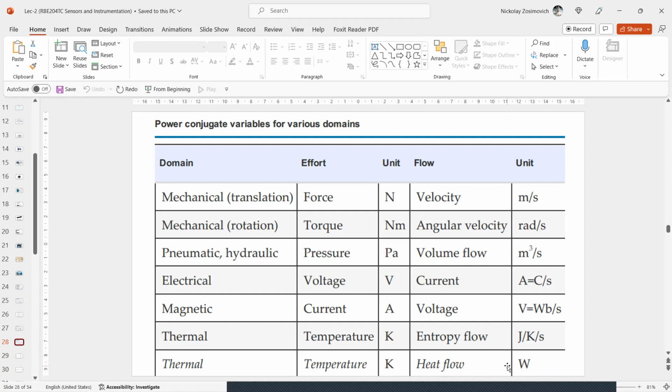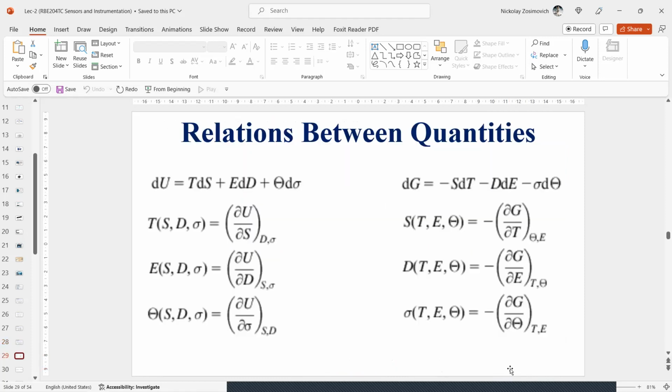So the energy content of an infinitely small volume of an elastic dielectric material changes by adding or extracting thermal energy and therefore exerting upon it electrical or mechanical force.